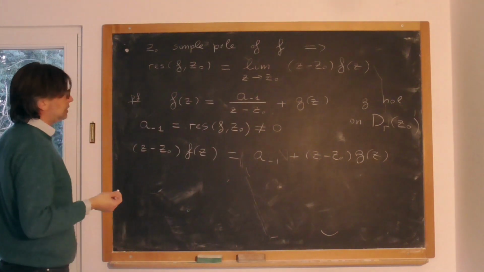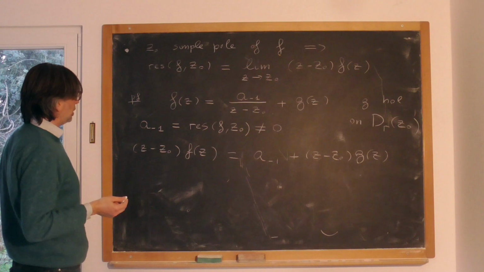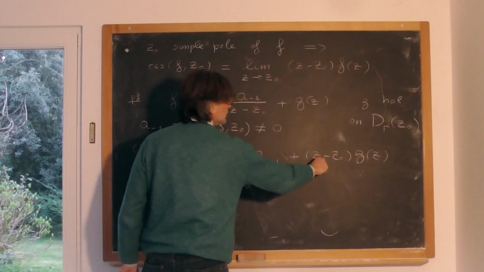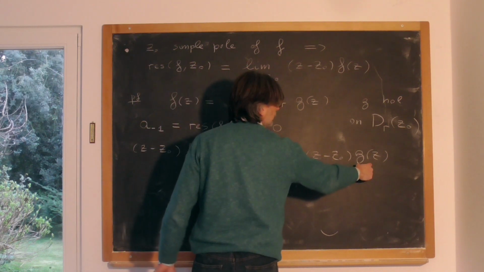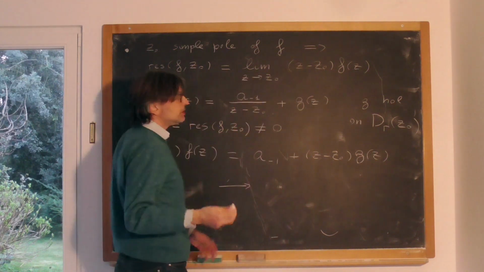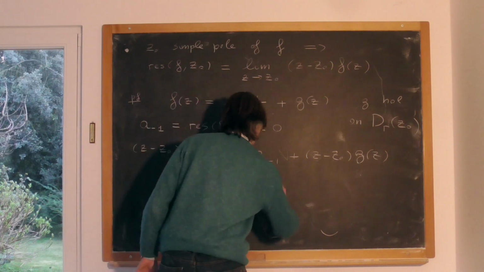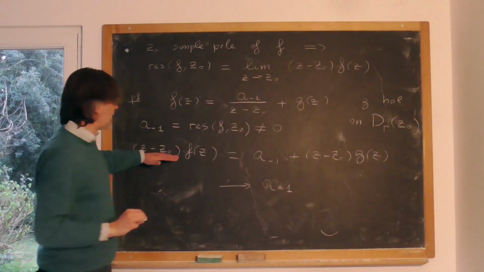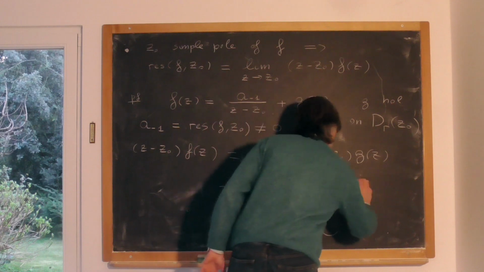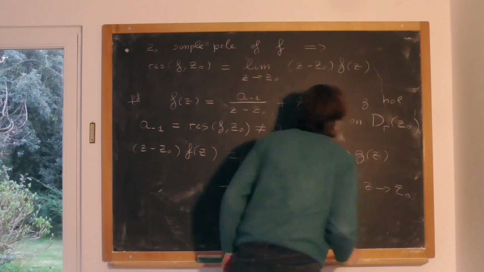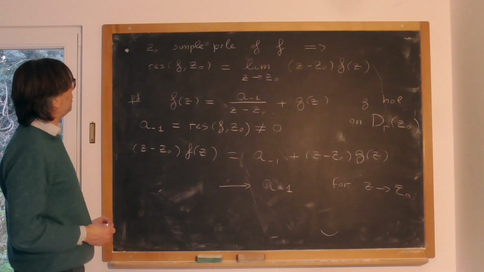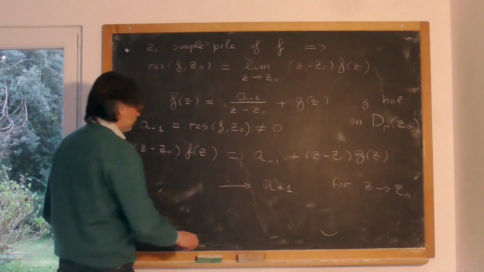And then if we consider the limit for z going to z0, this goes to 0, because this goes to 0 and g is holomorphic on the whole disk, so this will just converge to g(z0), which is a finite complex number, so everything converges to a_{-1}. So the value of this limit is the residue. Okay, so this is the formula for computing the residue at a simple pole.